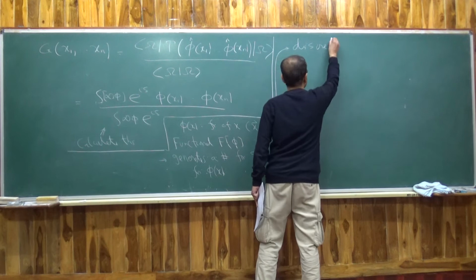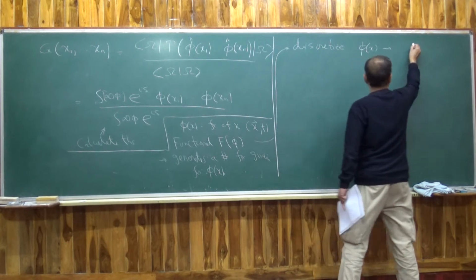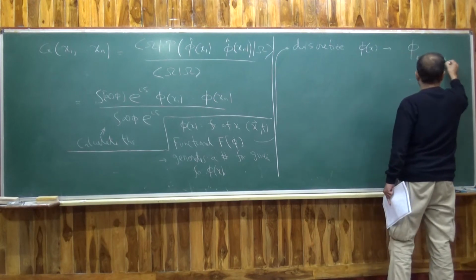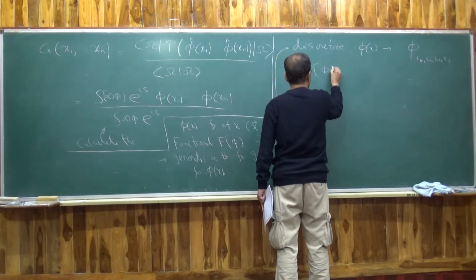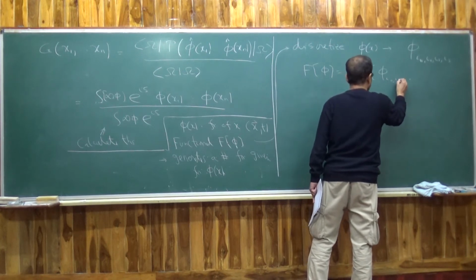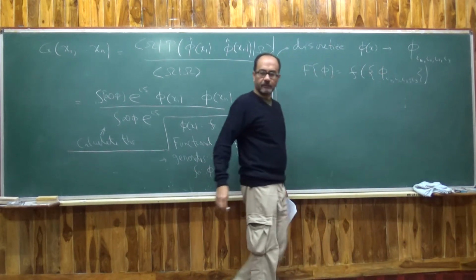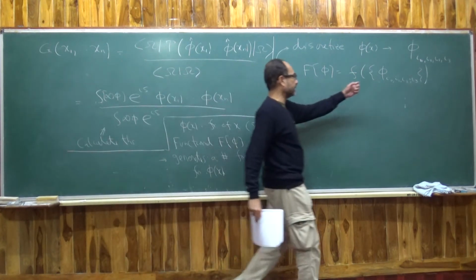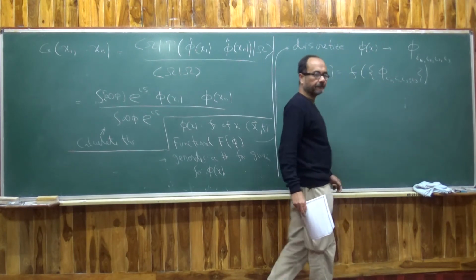Once you discretize, you replace phi of x by phi at the lattice points, phi of i0, i1, i2, i3. Then a functional of phi becomes an ordinary function of all of these variables, because you are replacing the continuous function phi of x by a collection of numbers.